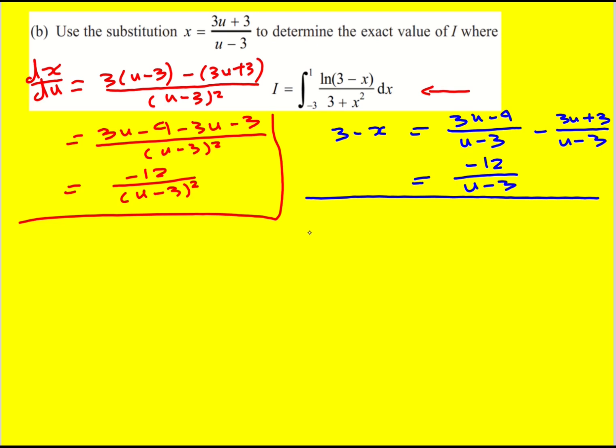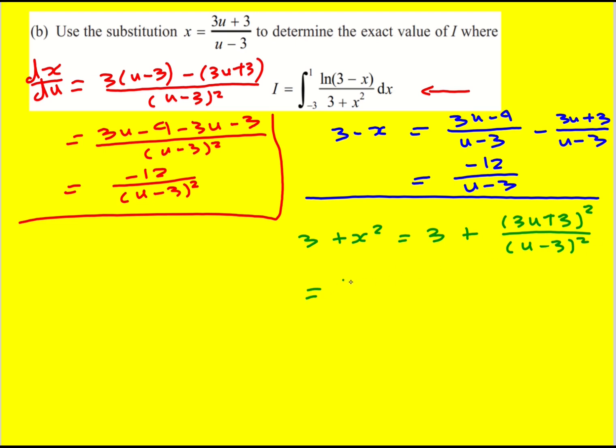And then let's sort out 3 plus x squared. So that would be 3 plus 3u plus 3 squared over u minus 3 squared.